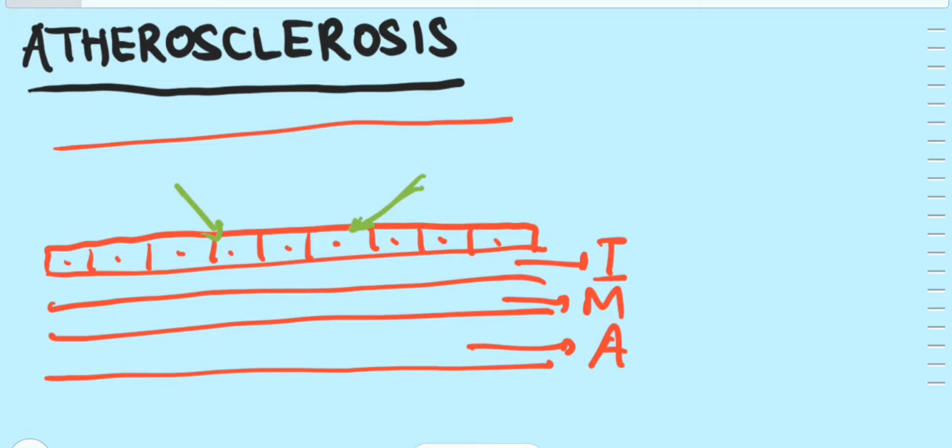So then what happens is you get lipids and macrophages from your bloodstream, which are usually floating around in your circulation. Now that this layer is destroyed, they can go into this intimal layer. So you have a whole lot of lipids and macrophages sitting over there.